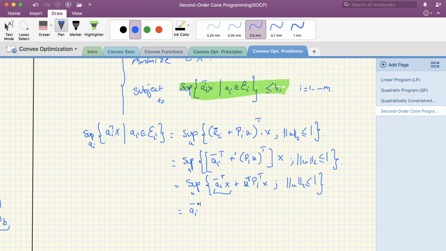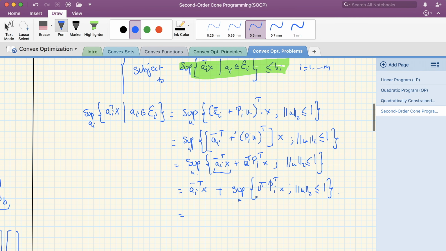So AI bar transpose X plus the supremum over U of this guy, U transpose PI transpose X, where the norm of U is less than 1, right? Now we're maximizing this quantity, U transpose PI transpose X, right?